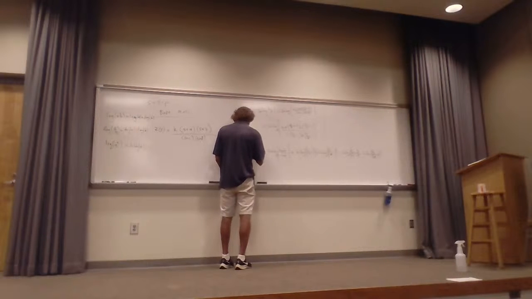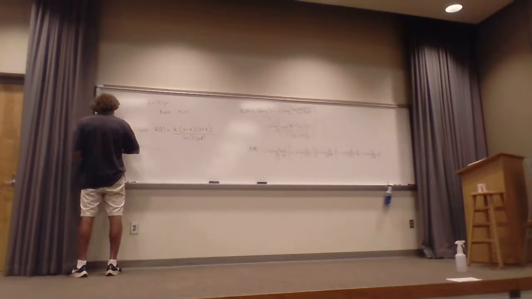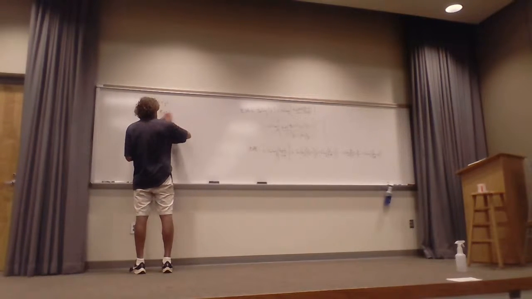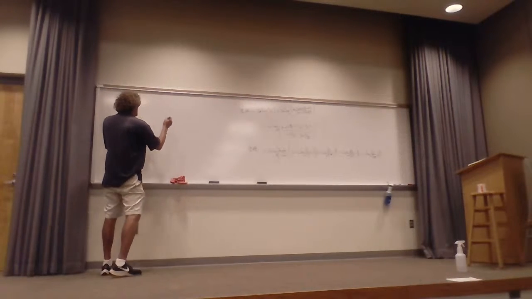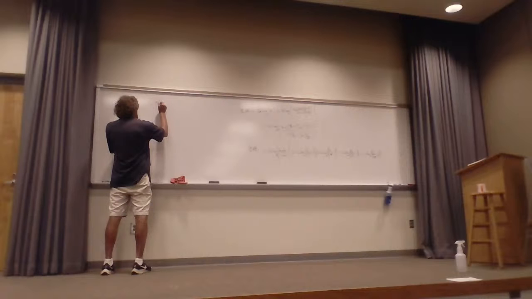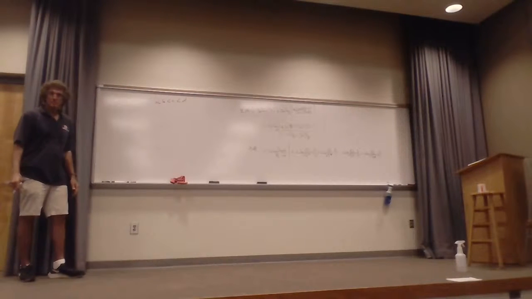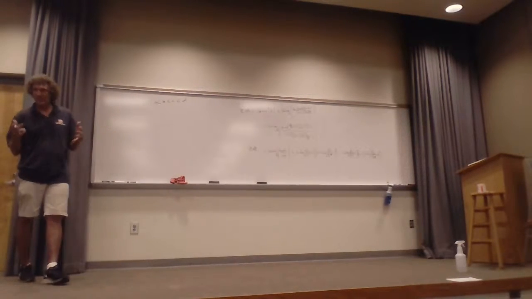Now I'm going to do it here, but I've got to make some statements about the values of A, B, C, and D's relative strength. So I'm going to assume A is less than B is less than C is less than D. I have to choose something so I can plot it. We can mix it up if you want to go the other way, but I have to know where these are.